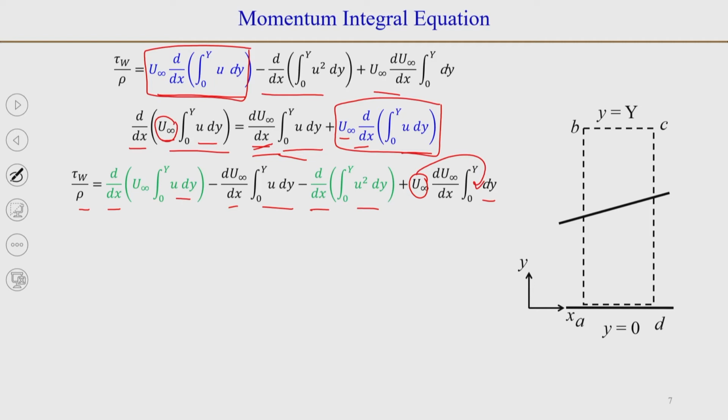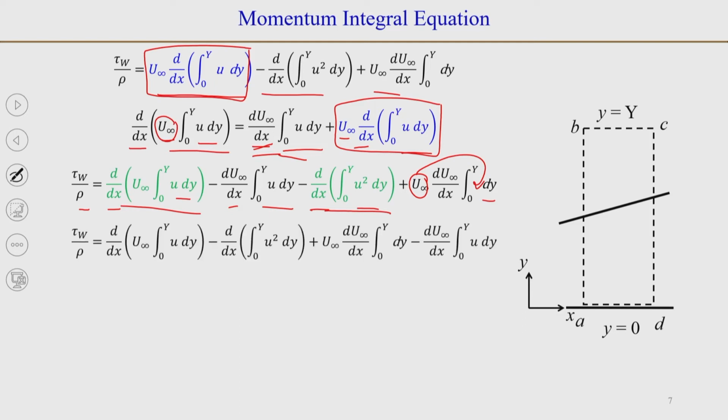Now, if we look at the two terms in green, both of them have the differential d by dx, and when we combine these two terms, we will have u infinity into u minus u square dy. And if we remember the definition of displacement thickness, which was similar, where we had u infinity minus u, we can combine these two terms and write them together.